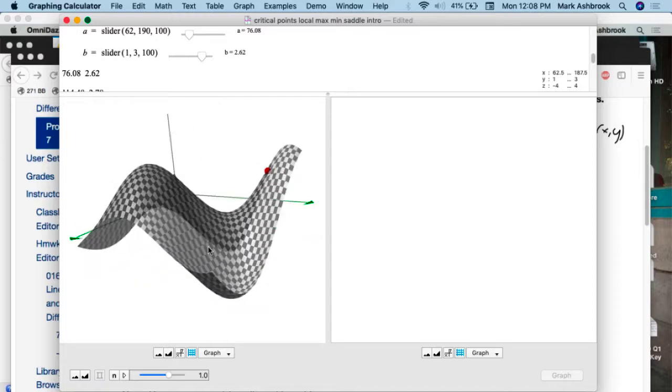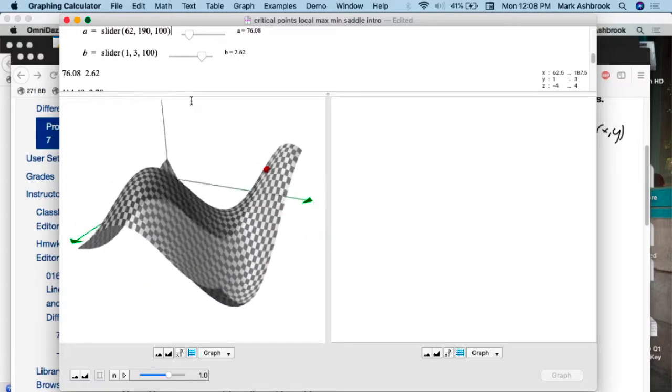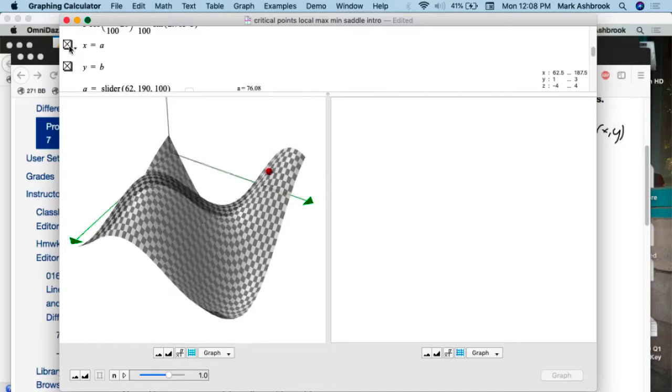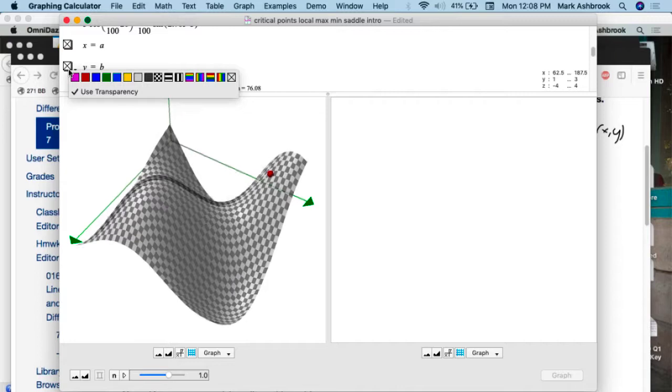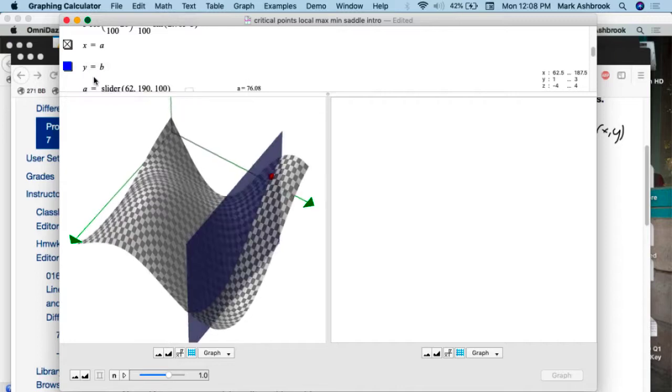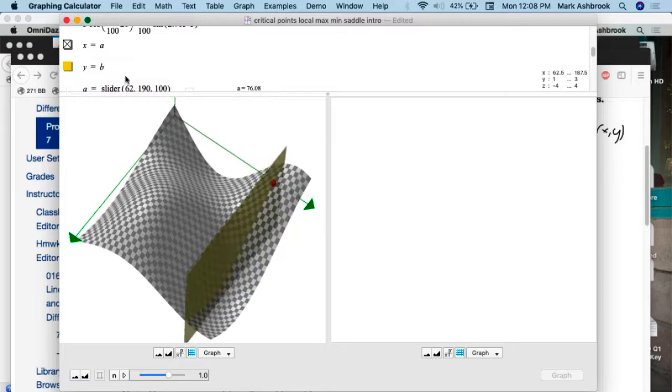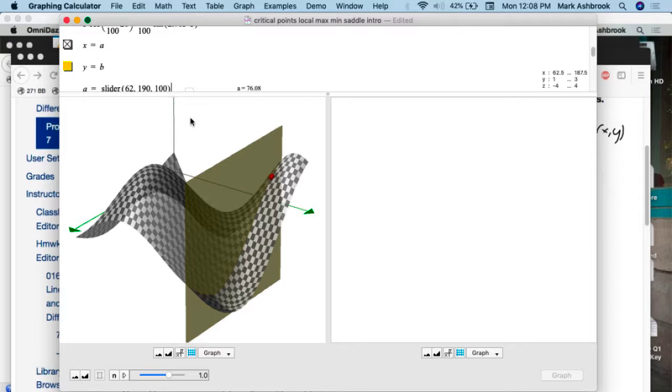So what could help is, if I turn on a plane that shows you the fixed value of y, that might help.